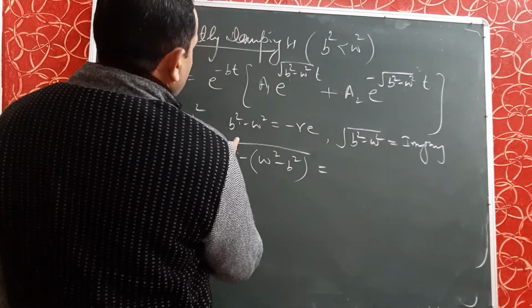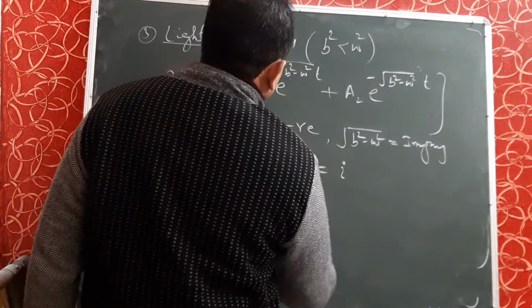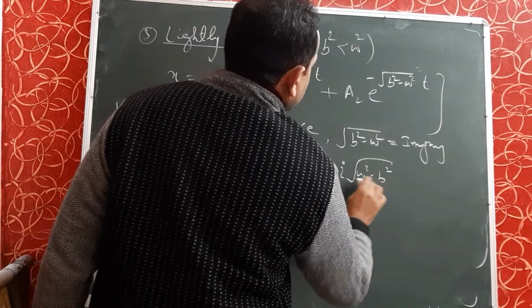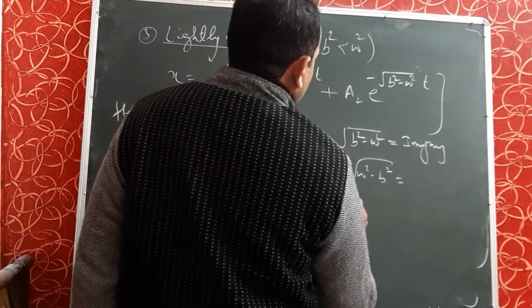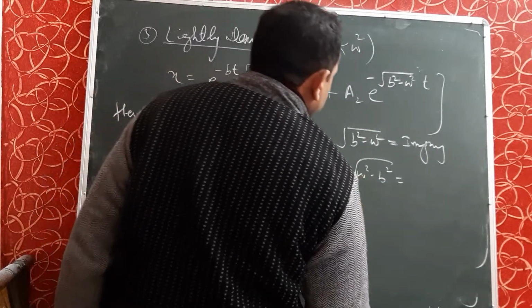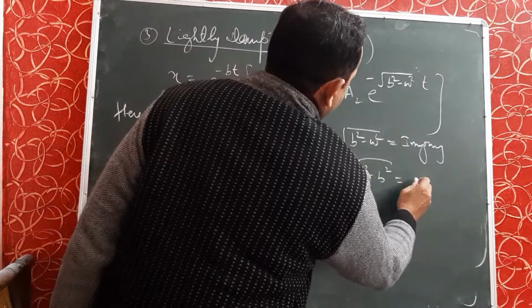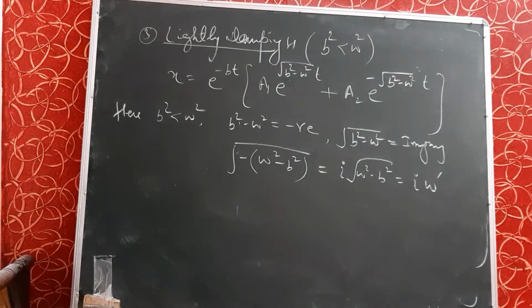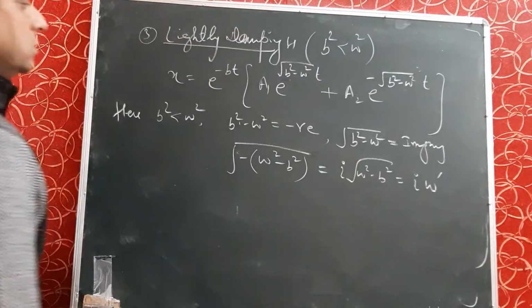We know that the square root of a negative term is iota, and it will become the square root of omega square minus b square, because this is positive; iota into a real number. So, let this square root of omega square minus b square be omega dash, where omega dash is the square root of omega square minus b square.